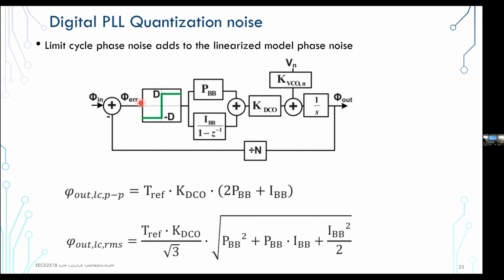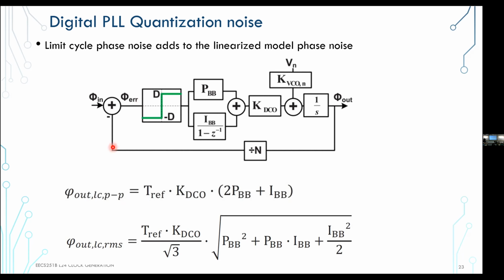And then in addition to that noise, you pretend that the rest of the loop is linear. So you find out all the other noise sources like we did in the previous part, and then you add the two together, right? And that's your estimate of the overall noise in the system.